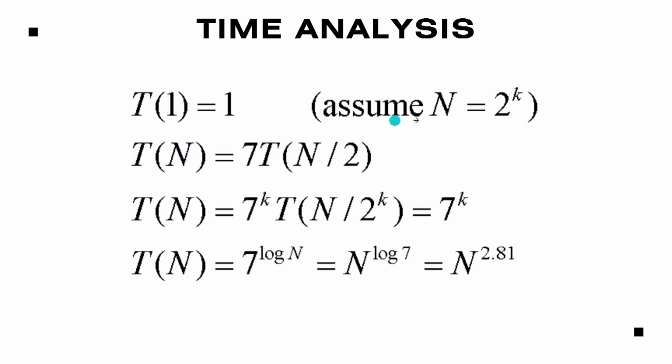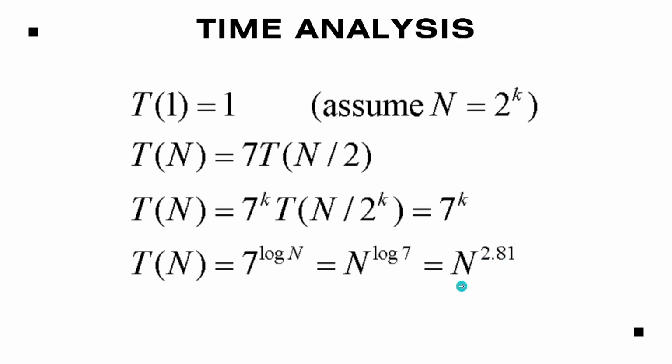When we have n number of elements and we assume that n is equivalent to 2 power k, then our T of n should be 7 times T of n by 2, where n by 2 corresponds to each of those partitions we have, and so this time should be 7 power k, and when we sum up, our total time should be 7 power log n, and this could be rewritten as n power log 7. So, our complexity would be of the order of roughly n power 2.81.